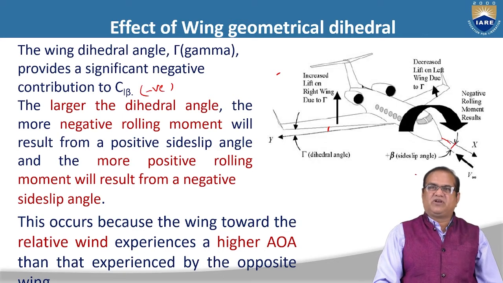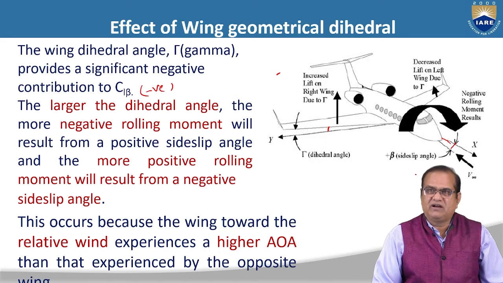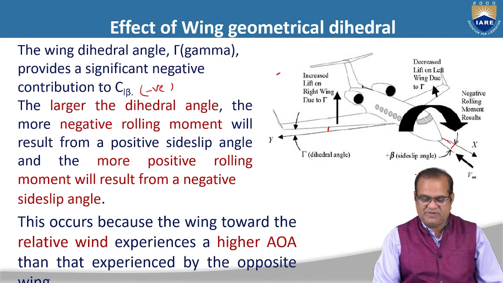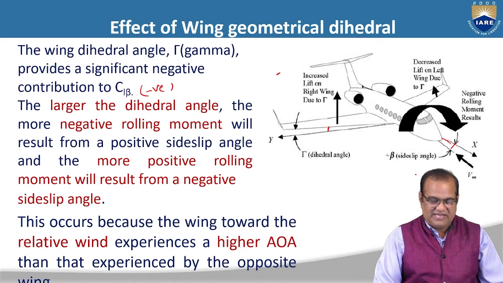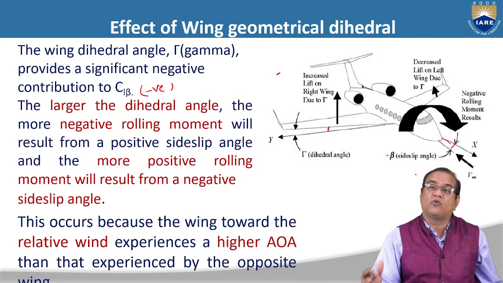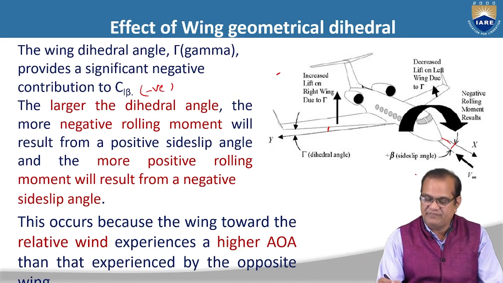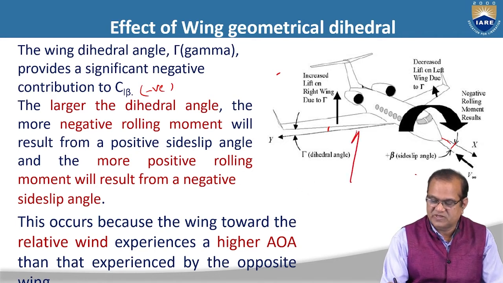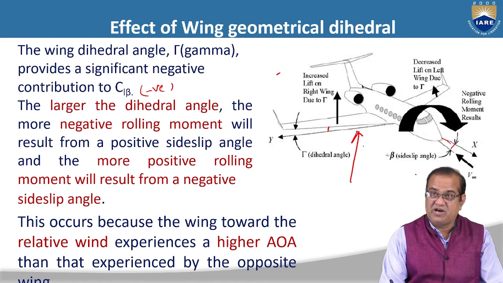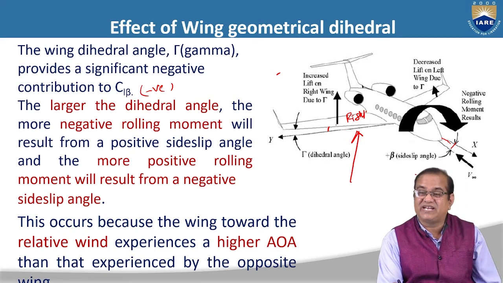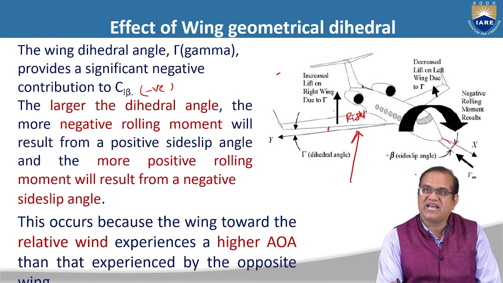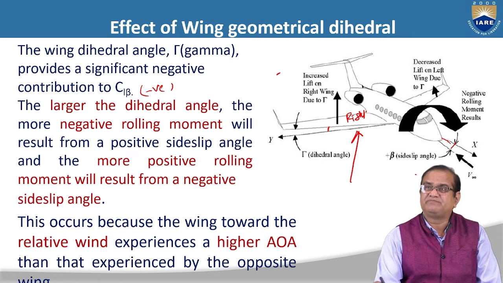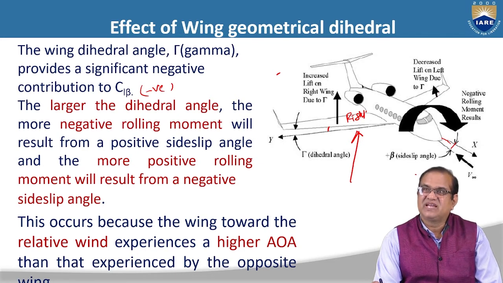This occurs because the wing towards the relative wind experiences a higher angle of attack than that experienced by the opposite wing. So how and why is it happening? You can see in this diagram, this is beta in this direction and it is positive. This is the right wing. The right wing is experiencing more angle of attack. Due to this, more lift is generated here, and the left wing will generate less lift.